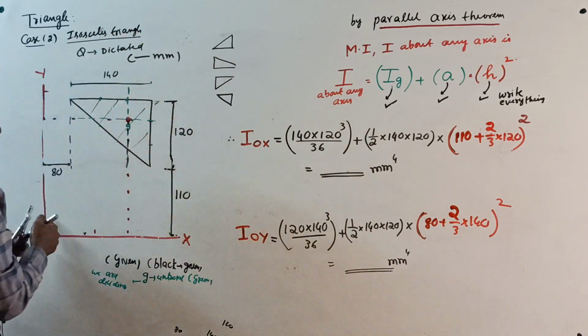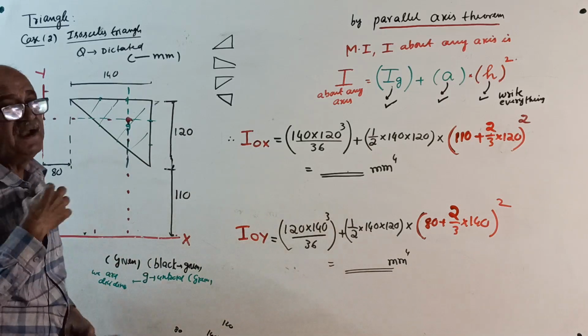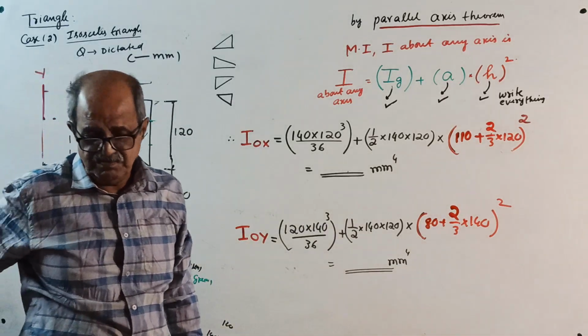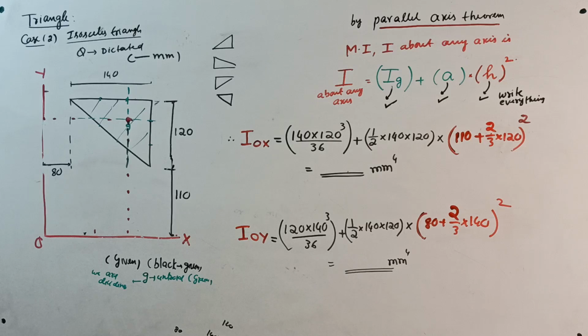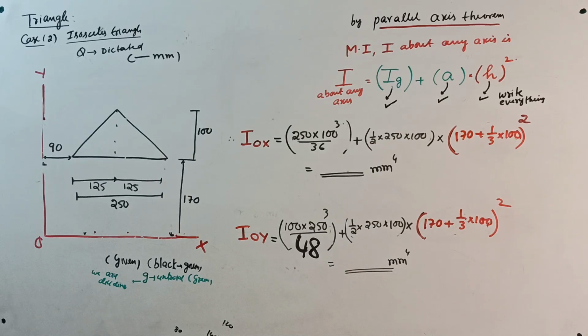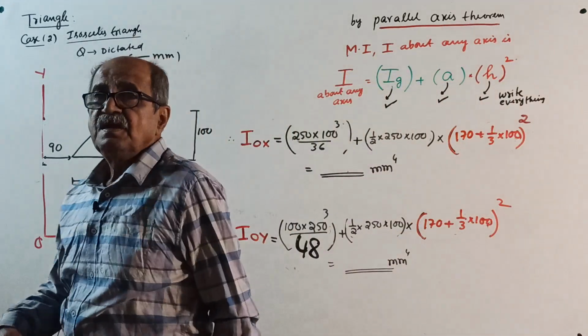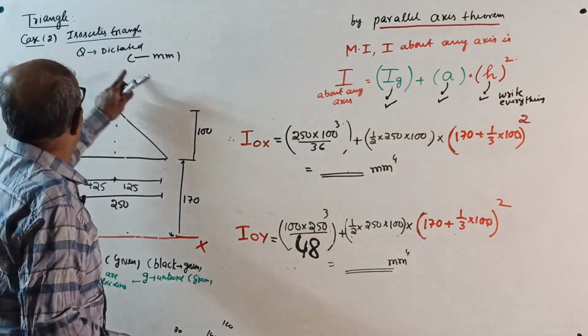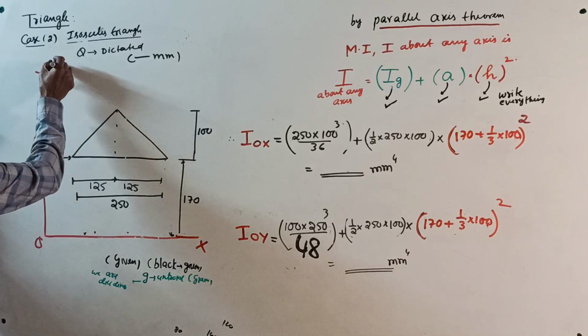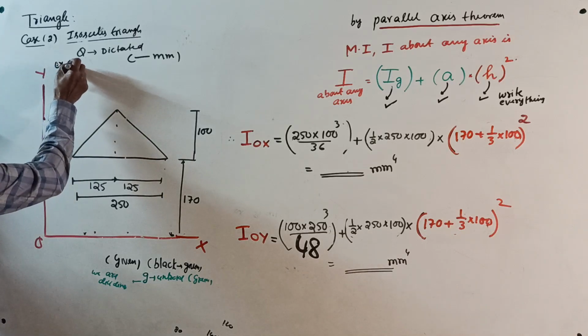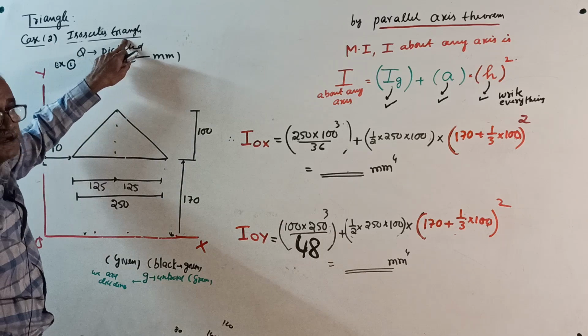Now, this I will first write and start, because I will write the sketch. Case 2 for a triangle, isosceles triangle, question dictated. First example 1. Example 1 for case 2, isosceles triangle.